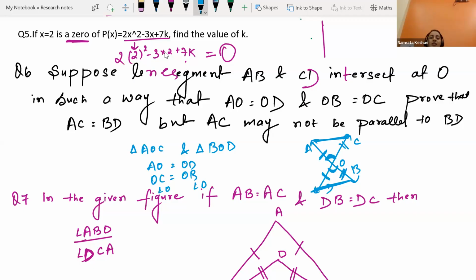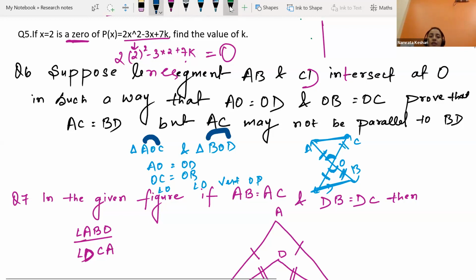Please write the proper name: vertically opposite angle. And why? You can see side, angle, side congruency. These two triangles are congruent with each other. If these two triangles are congruent, then of course AC and BD will be equal by CPCT. But AC may not be parallel to BD. Let's check whether it is parallel or not.